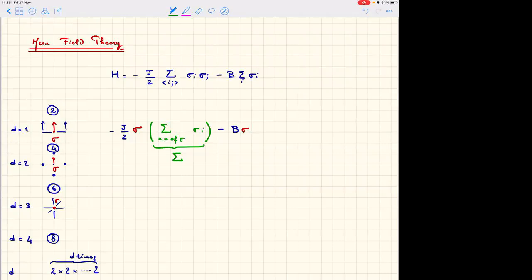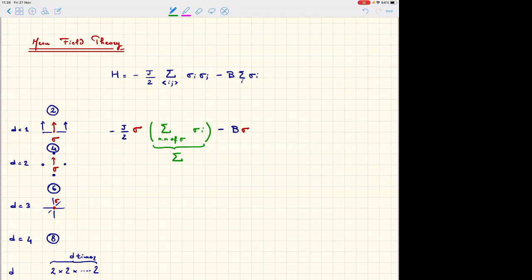Now, you can think of, yes? Sorry, Professor, what did you say about 2 to the power d? Well, if you are in d dimensions, the number of nearest neighbors to one site is 2 to the power d.